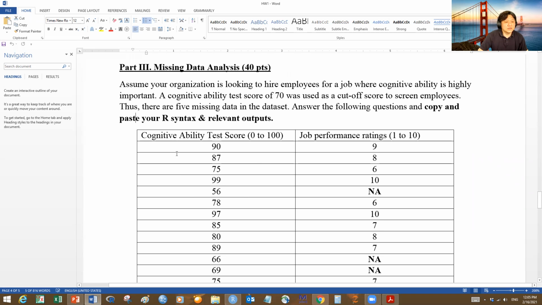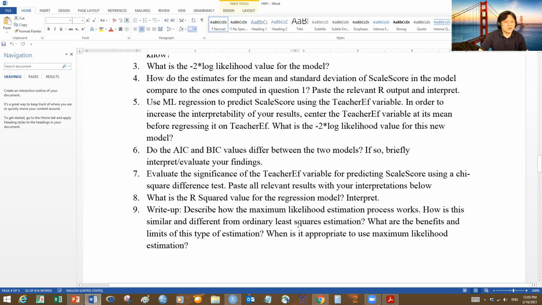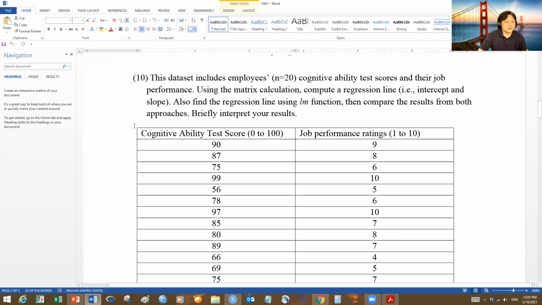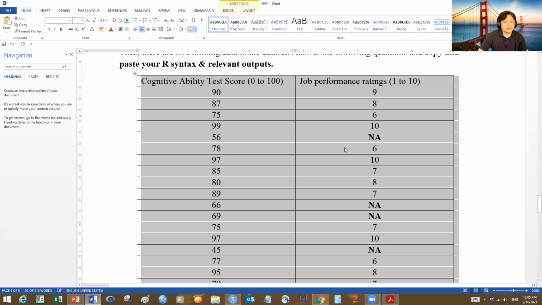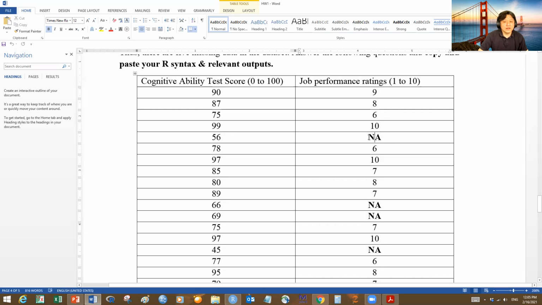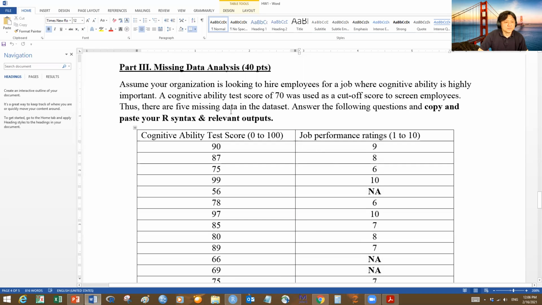This data file is from this one, exactly the same data, but I deleted some values. NA means missing. Your organization is looking to hire employees for a job where cognitive ability is highly important.